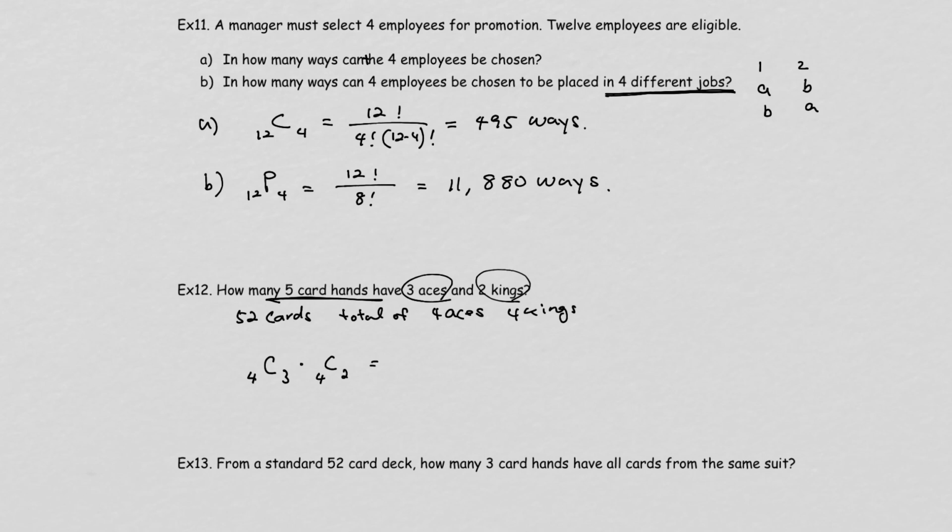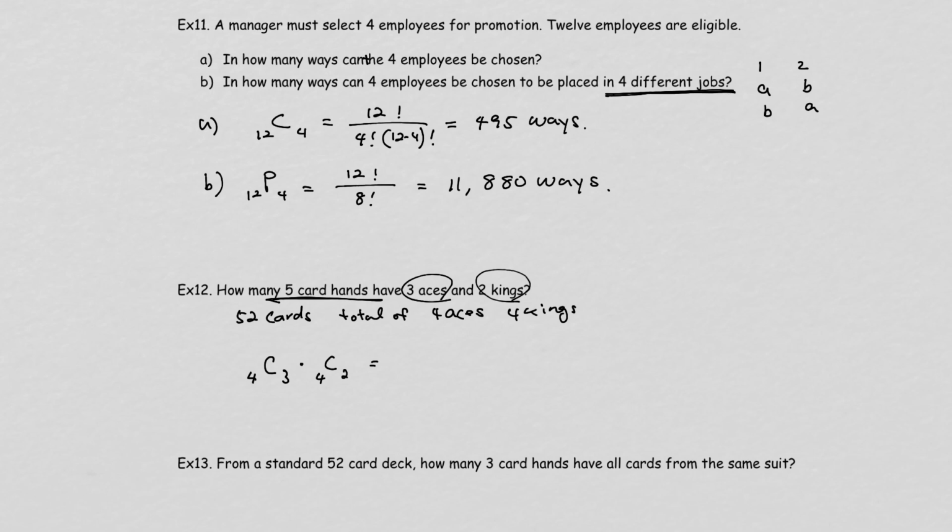So we know these are combinations, and because you don't have a total of 5 for each shape, you go ace first and king second, and you're picking the 5 cards in order. So you're going to multiply those 2 combinations.